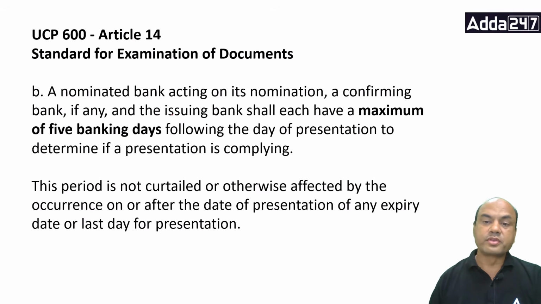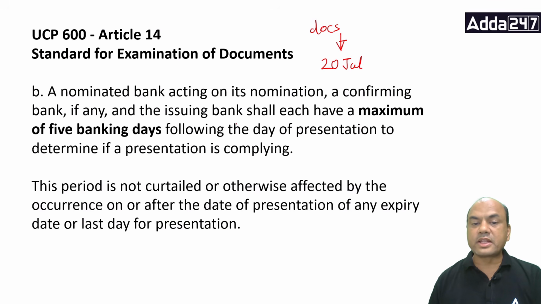So, maximum 5 banking days following the day of presentation means, if today is, let's say, 20th July, the documents I received today, presentation is done today. So for calculating these 5 banking days, I will leave this day and start from 21, 22, 23.